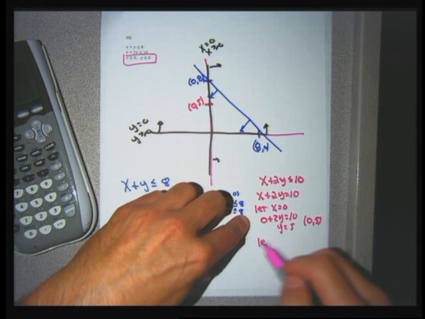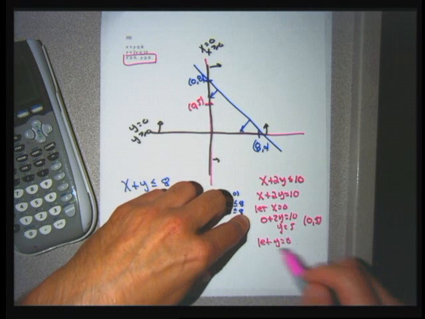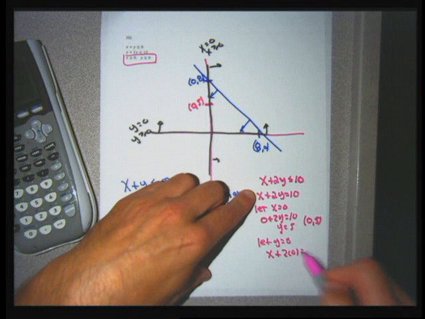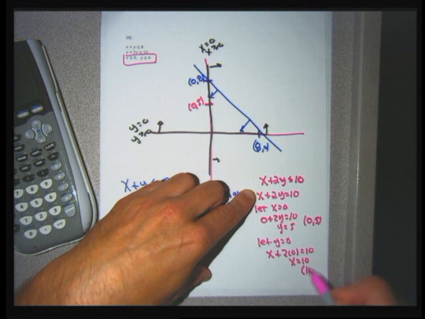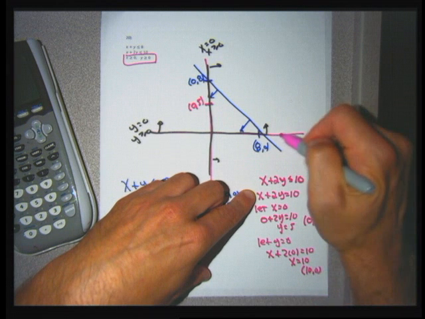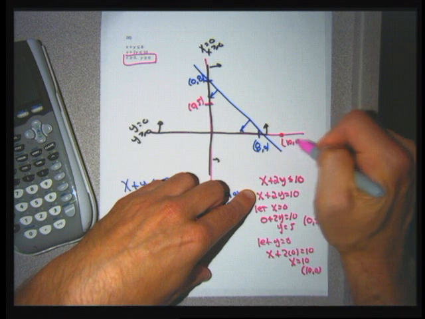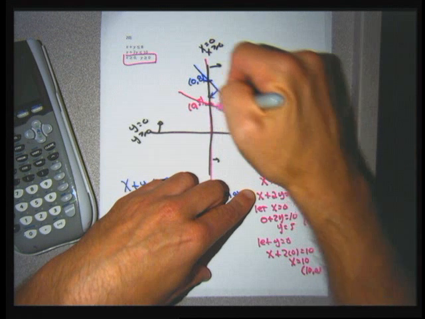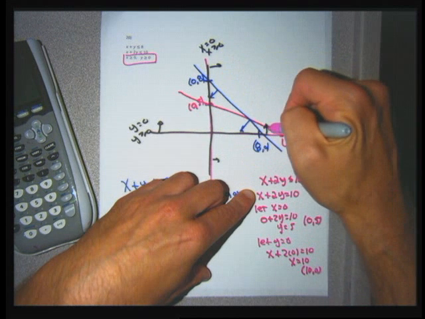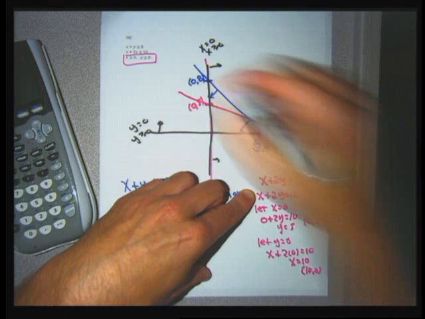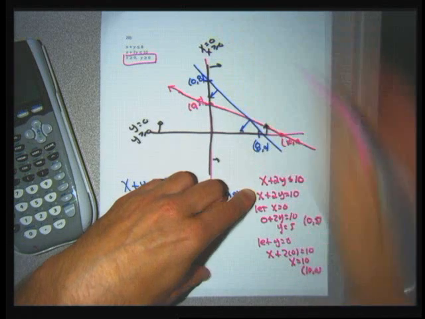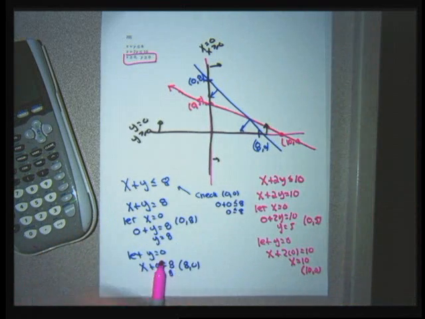And if I do something similar and let y be 0, I get x plus 2 times 0 equal to 10. This is going to give me x equal to 10, which is going to let me graph the point (10, 0). So the equal part of x plus 2y less than or equal to 10 graphs like that. Now for shading, I'm going to check (0, 0).